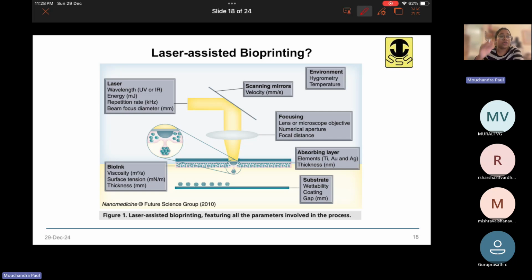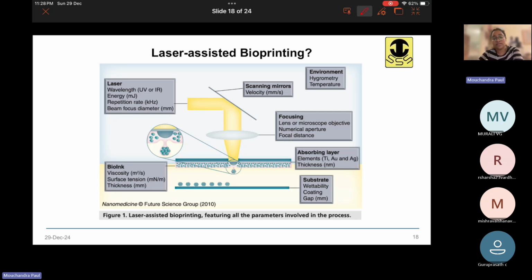Now here, if you are optimizing things very nicely, you can basically print one cell at a time, meaning one droplet can have one cell only. Or you can create large droplets where more than one cell can get accommodated.